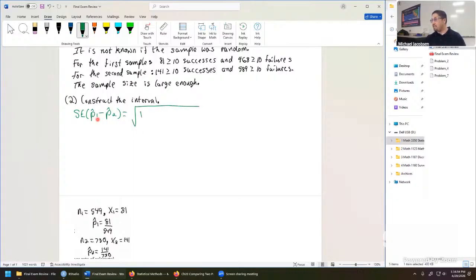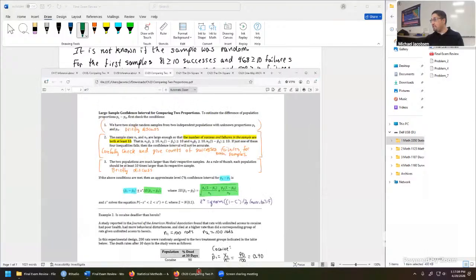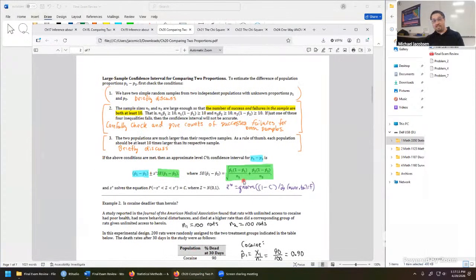Let's put this down carefully. p hat 1 times 1 minus p hat 1 over n1 plus p hat 2 times 1 minus p hat 2 over n2, all under a square root. And if I was taking my own final exam, I definitely would go back to chapter 20, look that up and just double check, because let's emphasize something.